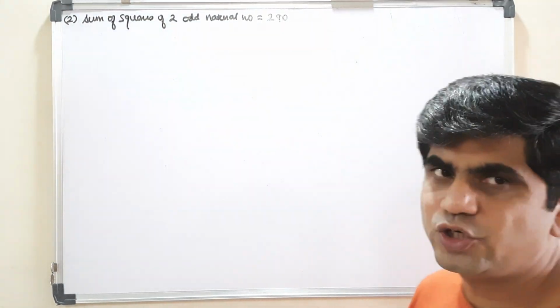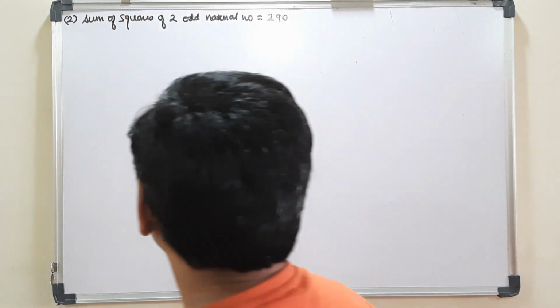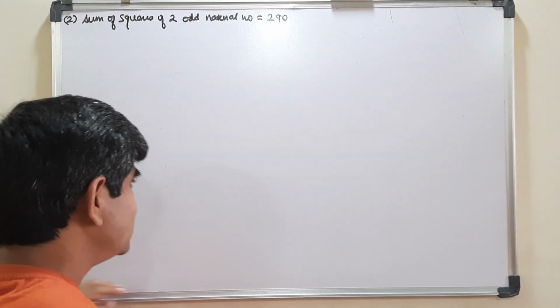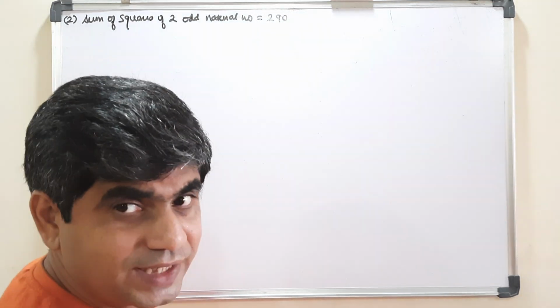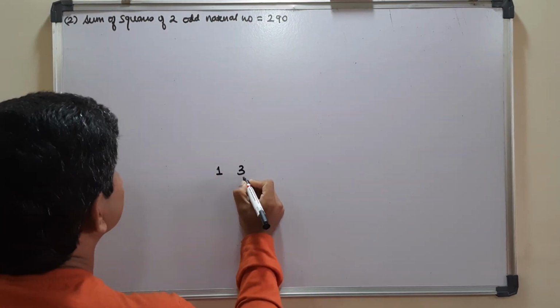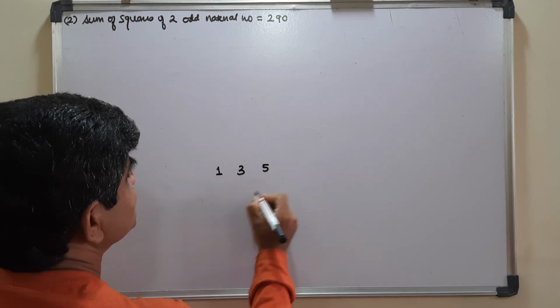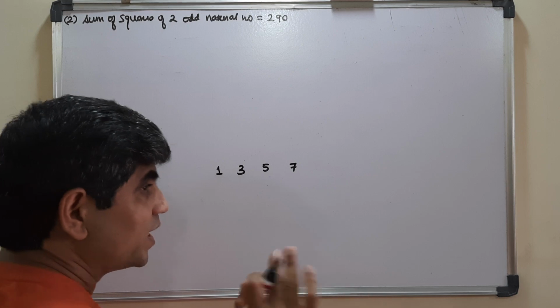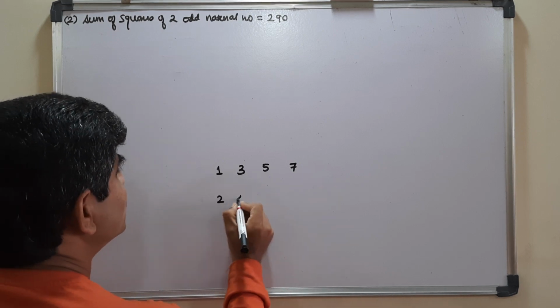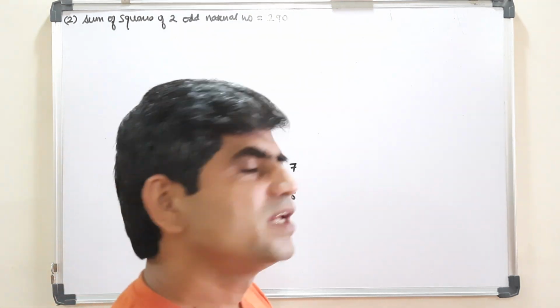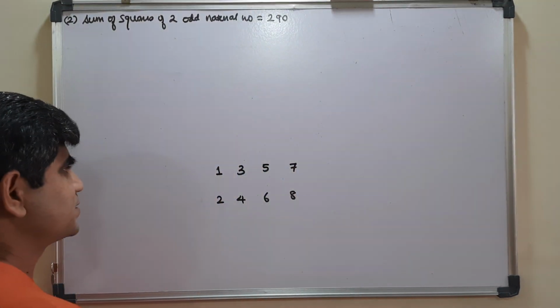Now I will show you one special thing. What are odd natural numbers? The natural numbers are counting numbers starting from 1. So 1, then 3, then 5, then 7. Okay. What are even natural numbers? 2, 4, 6 and 8. Right? Now see these numbers.